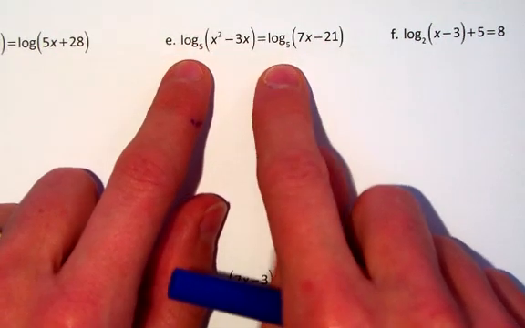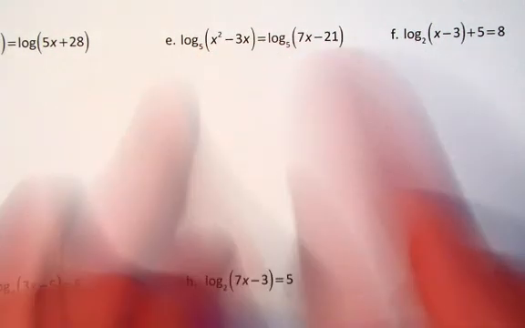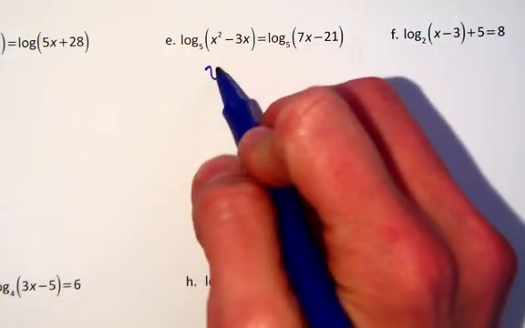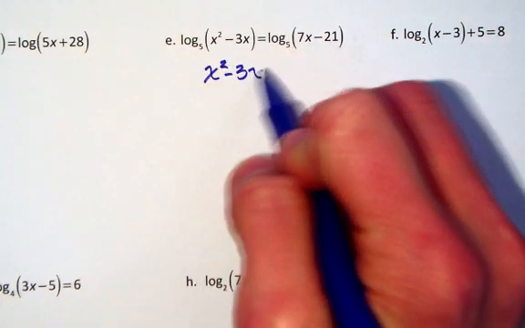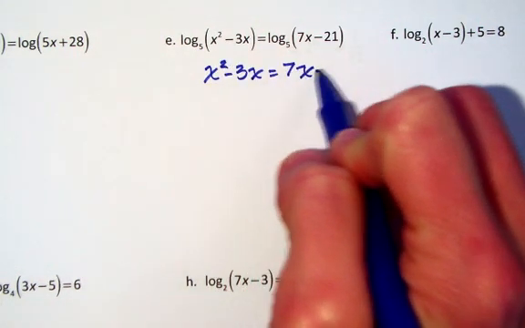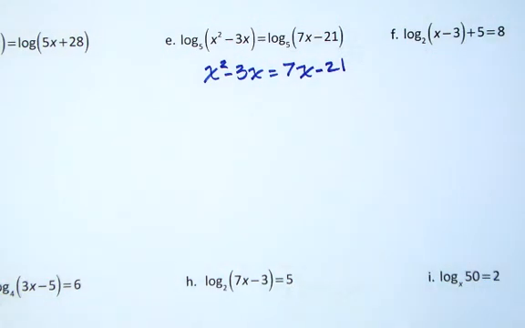Well, notice I have log base 5 on both sides, so that means I'm going to have x squared minus 3x equals 7x minus 21. So that's called dropping the logs. All right, now what kind of equation is this now?